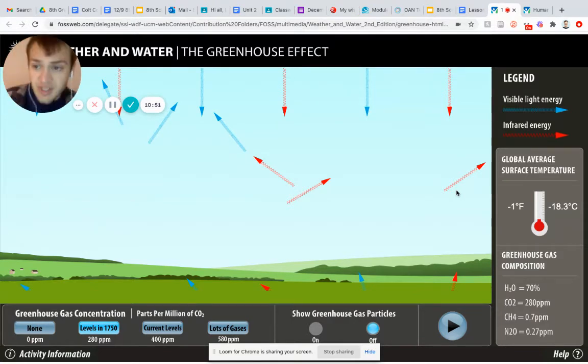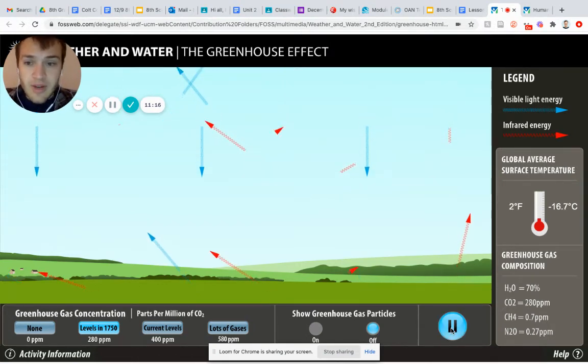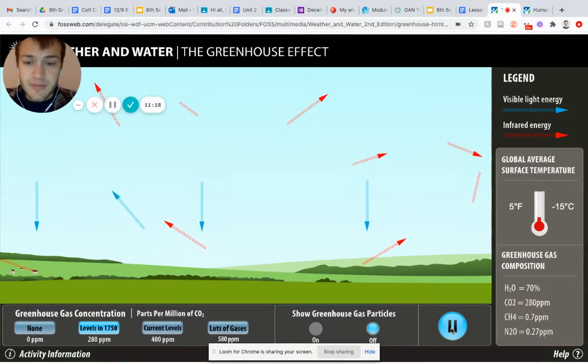In 1750, there was 280 parts per million CO2, which is around Earth's average carbon dioxide levels. So let's take a look at how our atmosphere changes.